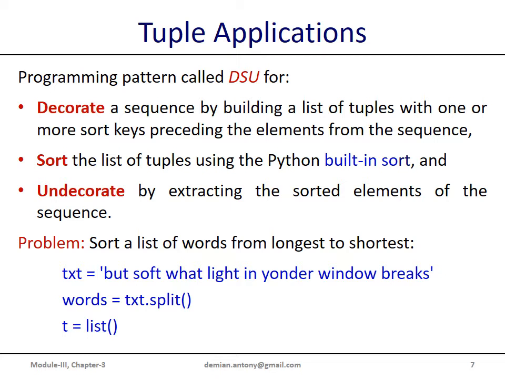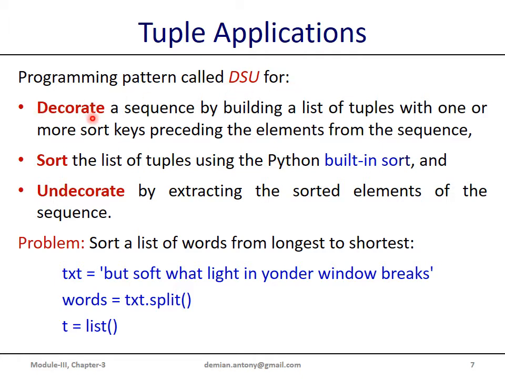DSU is a programming pattern. What we are going to do is decorate the composite data items, a data set, by using a tuple. Then we sort the composite data items based on the tuple comparison, and finally we extract only the sorted composite data items of interest from the sequence. That is what we call DSU.